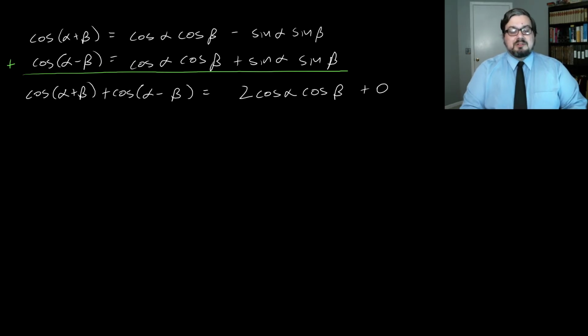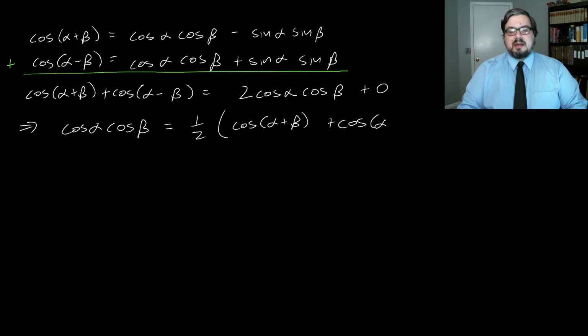And so rearranging this again, we get that cosine of alpha times cosine of beta for any alpha or beta is equal to 1/2 times cosine of alpha plus beta plus cosine of alpha minus beta.